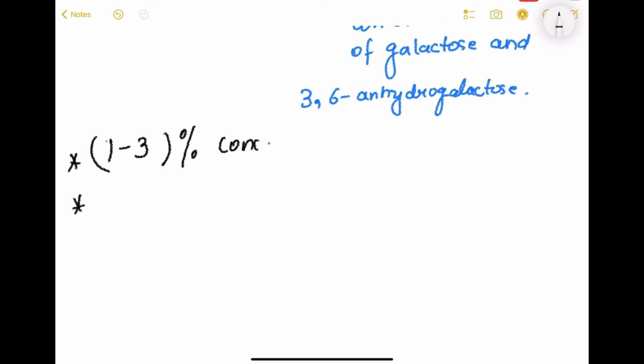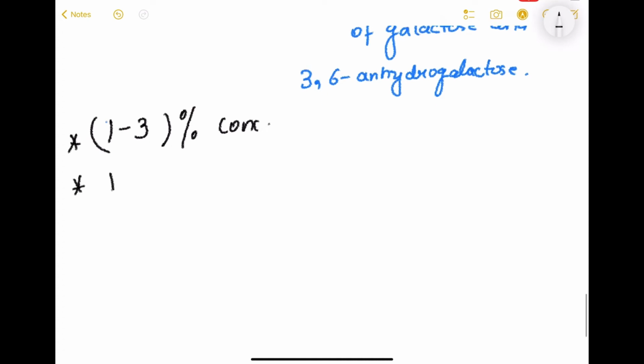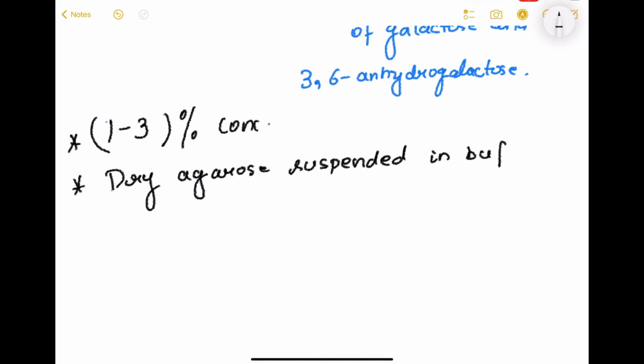Second, we take agarose in a dry form and suspend it in buffer solution, which is a salt solution.